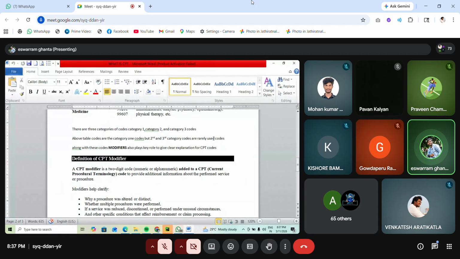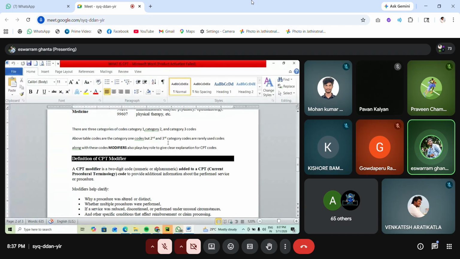I already told you CPT has 5 numerical digits only, and there is also alphanumeric. In category 3 and 2 also, we see the alphanumeric codes.